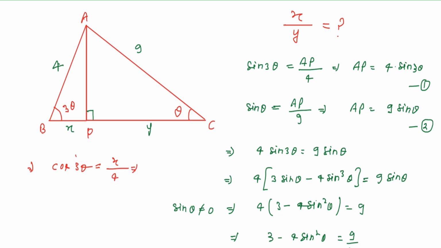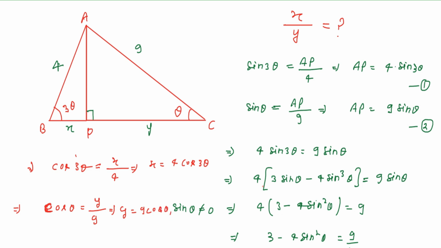So from here we can write x is equal to 4 cos 3 theta. Further, from triangle ACP we can write cos theta is equal to base, that is y, divided by hypotenuse, that is 9. So from here we can have y is equal to 9 cos theta.